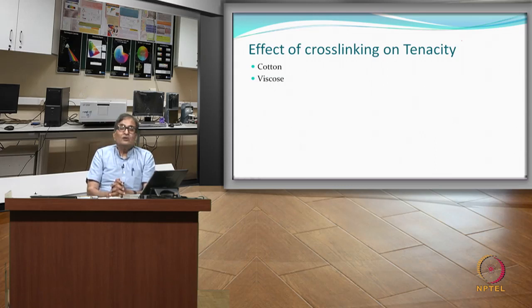Effect of cross linking on tenacity. Tenacity of fabrics made from cotton or fabrics made from viscose. People found that this effect is different. Do you remember what happens to the tenacity of cotton fibers, yarns, fabrics in wet condition compared to a dry condition?